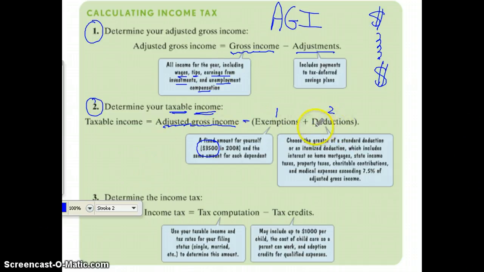And then you also can reduce your AGI by your deductions. Now, what is a deduction? There's a standard deduction for each person. Sometimes that changes year from year. There's itemized deductions, which I used to do when I paid a lot of taxes on my house, but it's becoming harder to do that. Home mortgages are a big part of itemized deductions.